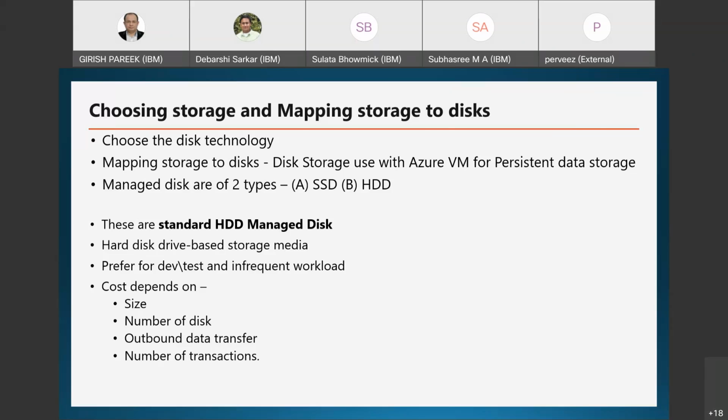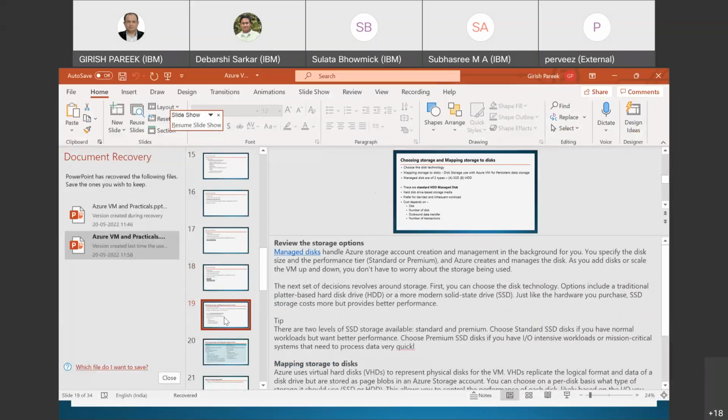HDD has various options. First of all, you must know that these are not part of the managed disk. Managed disk handles Azure storage creation and management in the background for you. You specify the disk size and performance tier, standard or premium, and Azure takes care of it.